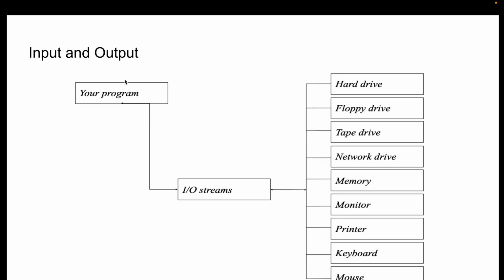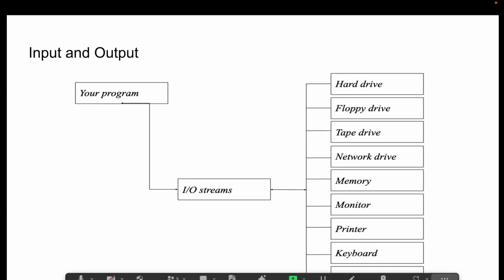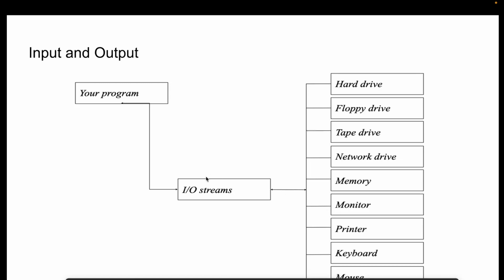Just see this diagram. We have our program and we are using this input and output library. When we use this library, it provides us input and output streams, and these streams will help us to perform operations on things like hard drive, floppy drive, tape drive, network drive, memory, monitor, printer. There are also file based operations.